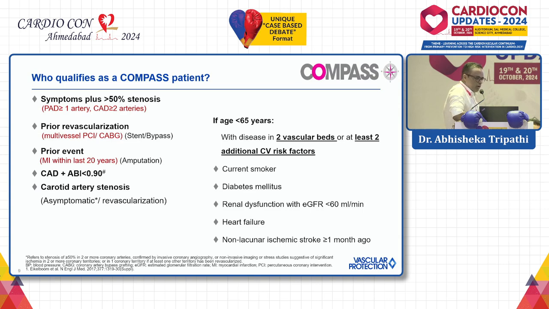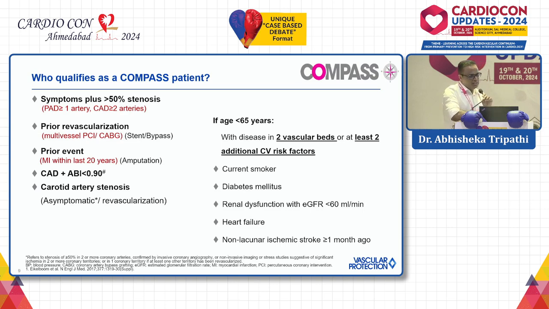Now what was the qualifying criteria for these patients? The patient has chronic coronary syndrome, either documented coronary artery disease or peripheral artery disease with stenosis more than 50%, or prior revascularization in terms of either PCI or CABG, or carotid artery disease, asymptomatic or post carotid artery stenting, or CAD plus ABI less than 0.9, or prior atherothrombotic event.